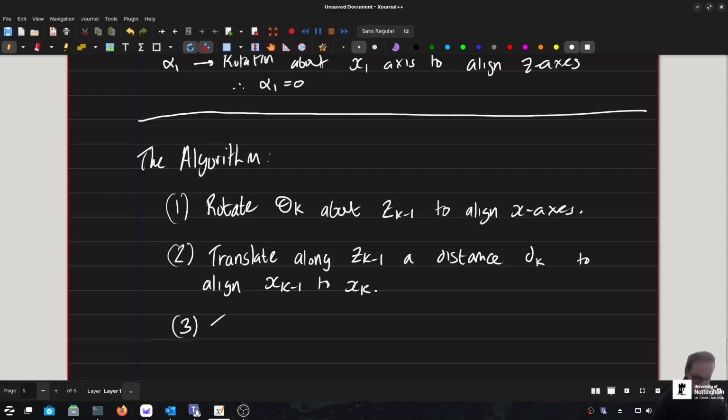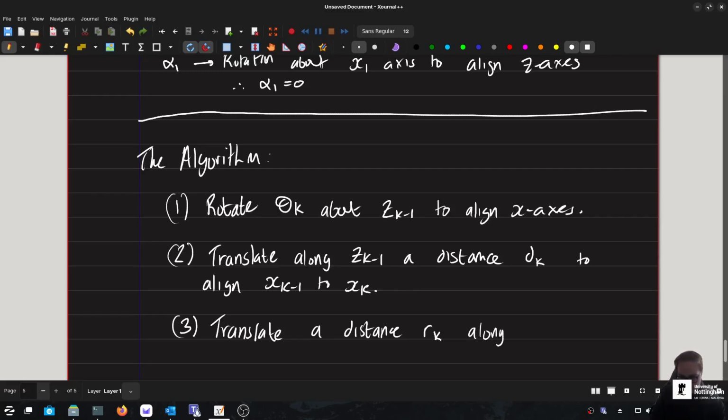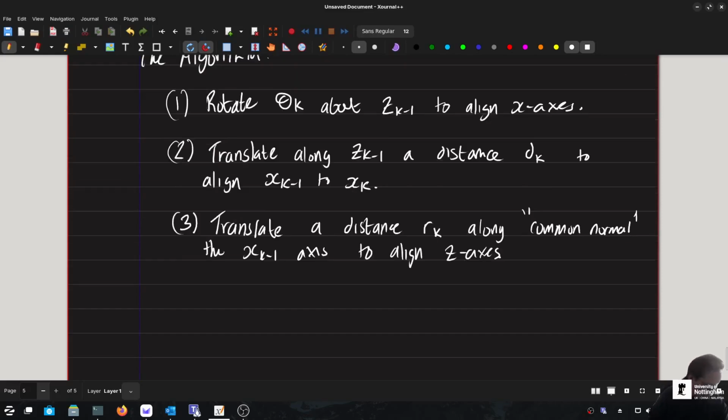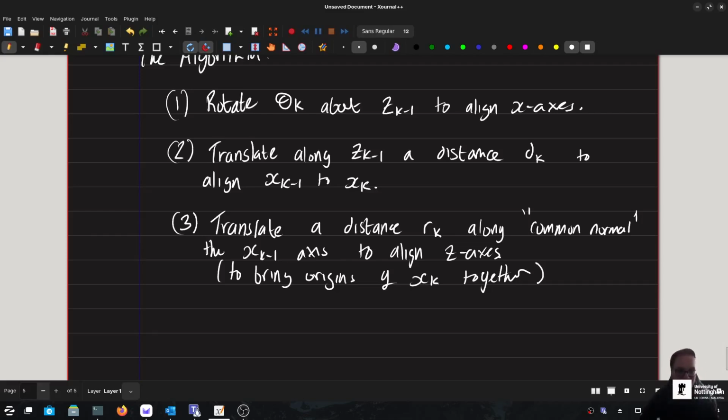Third, translate a distance rk along the common normal, technically, or the xk minus 1 axis, to align the z-axes. Or in other words, you can also say to bring the origins together. That's another way you can express what's going on, but technically it's to align the z-axes.